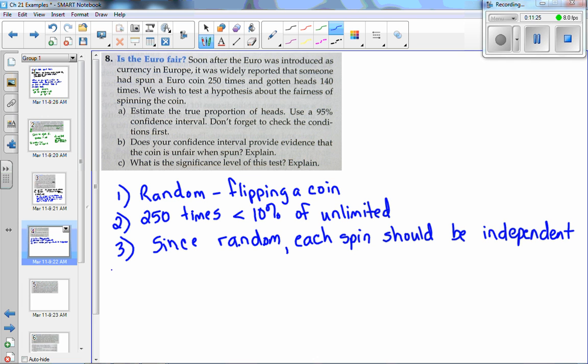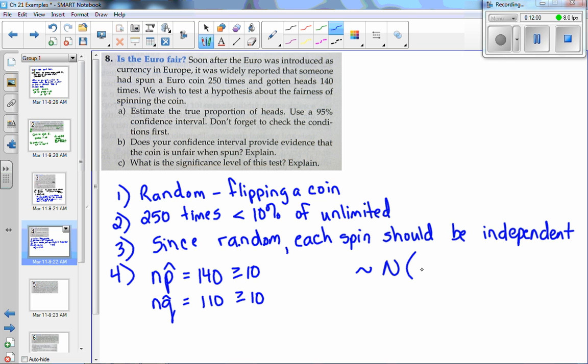And our last one, we're doing a confidence interval this time, so we're doing n p hat. We had 140 heads, which is definitely greater than or equal to 10. And n times q hat would then be 110, which is also greater than or equal to 10. So our conditions are met, which means that we have an approximately normal distribution.